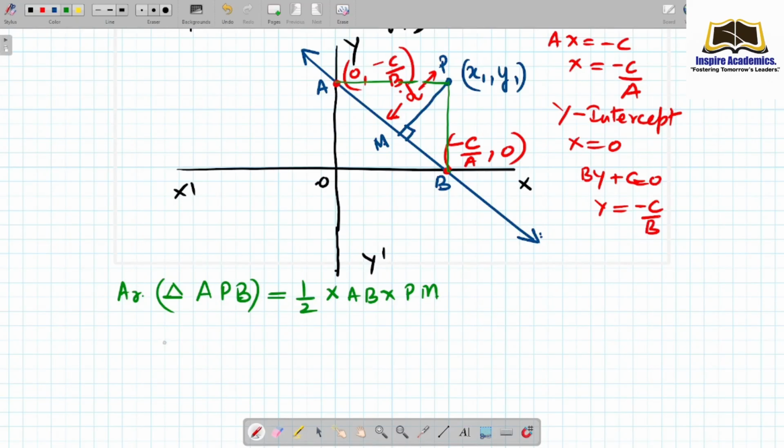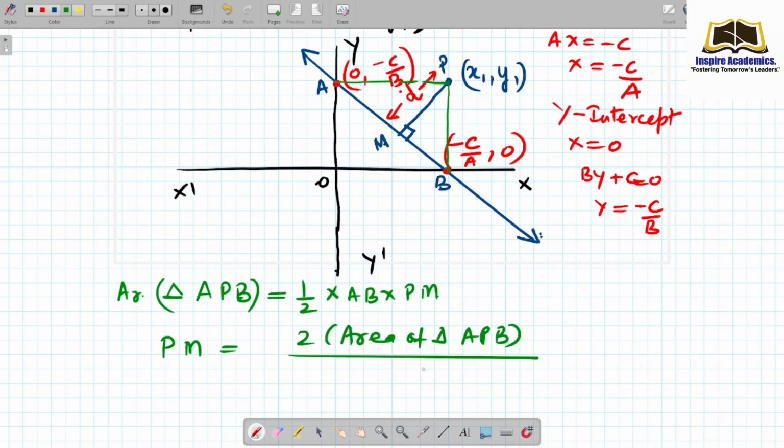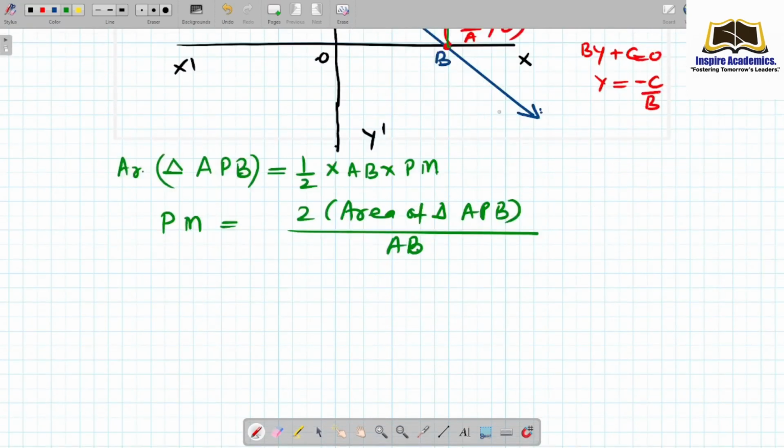Now if I have to find my PM, which is the objective, it will be twice the area of triangle APB divided by AB. Clear? Is it clear or not?